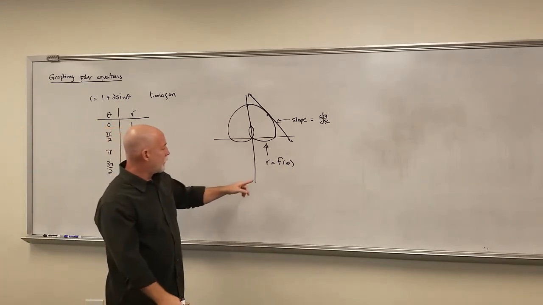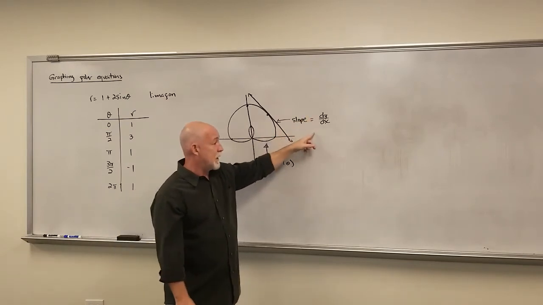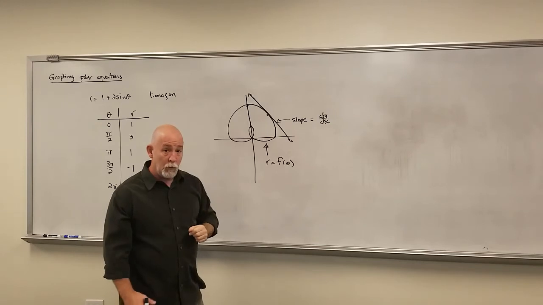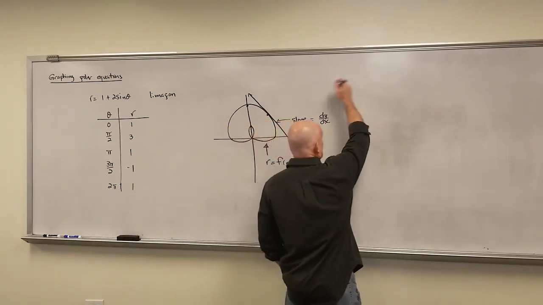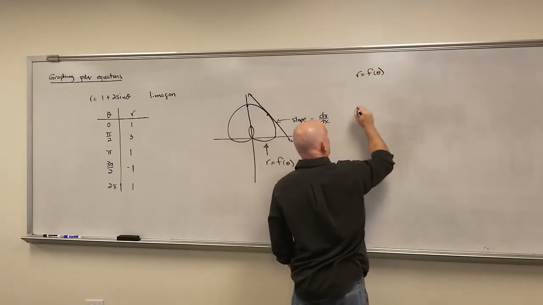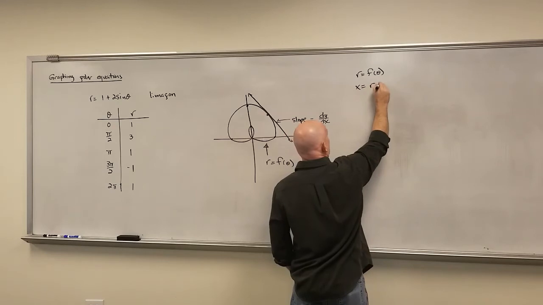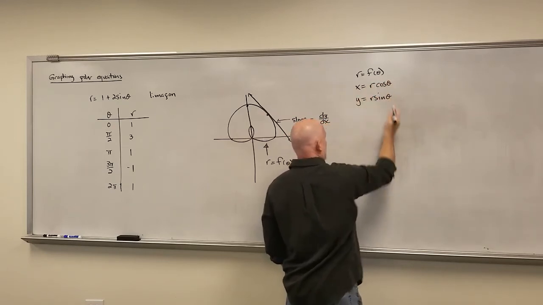So how in the world do we get from r as a function of theta to dy dx? Well, believe it or not, we actually already know how to do this. Because if we assume that r is some function of theta, remember we know x is equal to r cosine theta and y is equal to r sine theta.